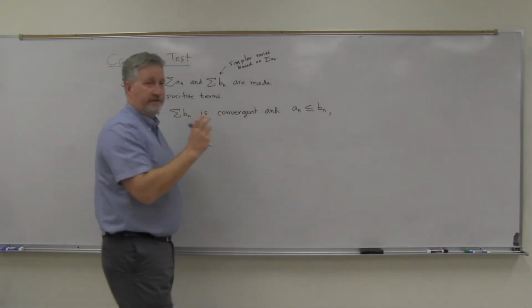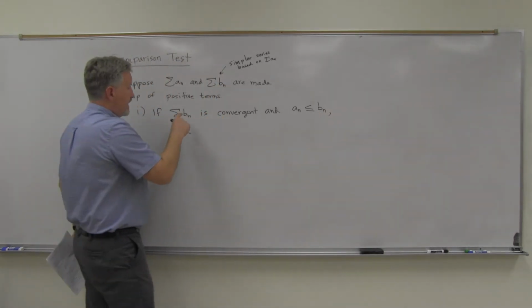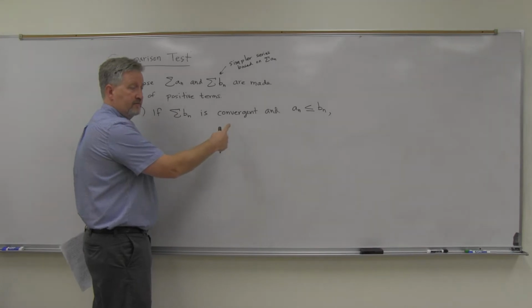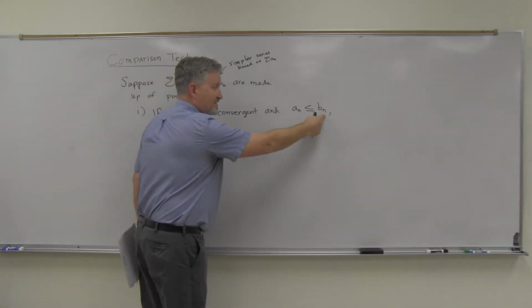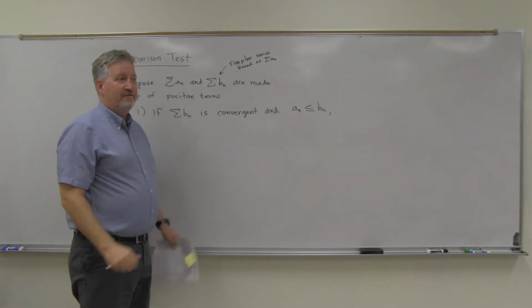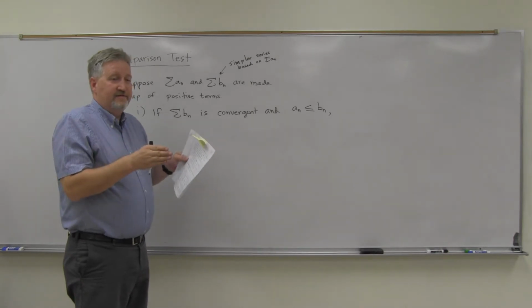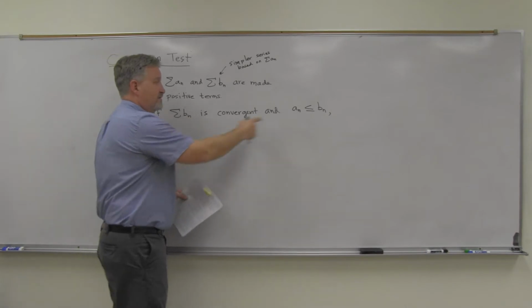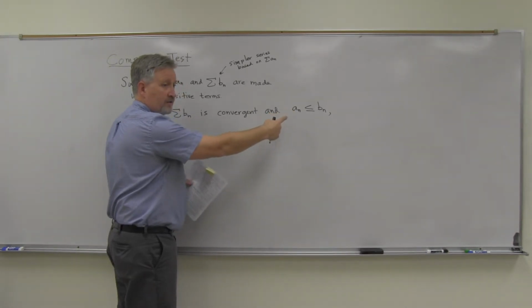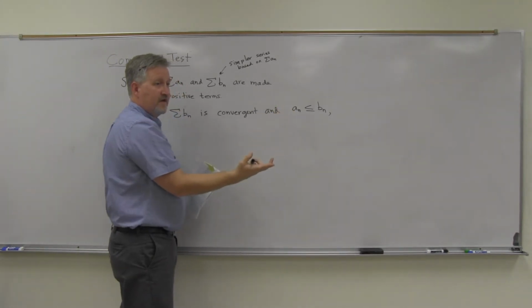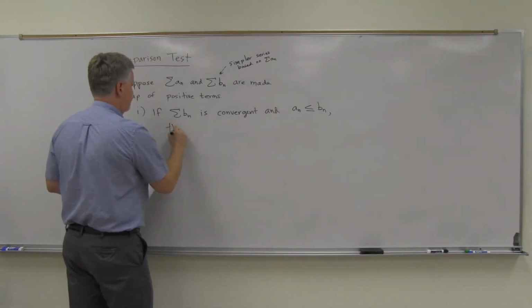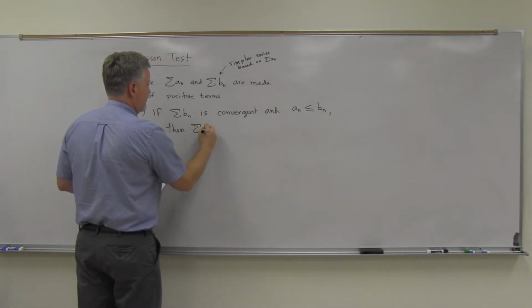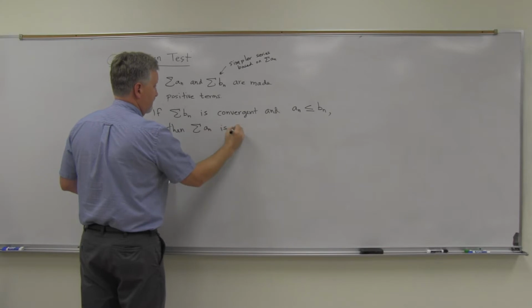So here's the deal. Think about it now. I've got b sub n convergent. The a sub n's are less than the b sub n's. So doesn't that make the series of the a sub n's smaller? If this one's convergent and the a sub n's are all smaller, a sub n's got to be convergent, right? Then the series of the a sub n is convergent also.